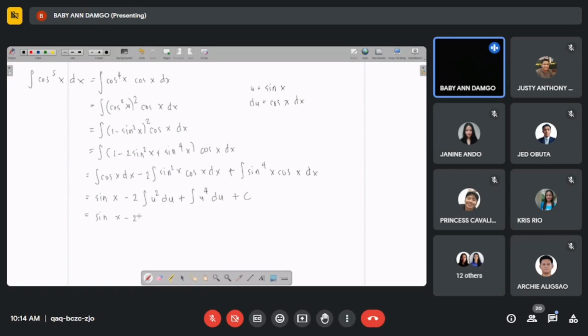So, we have minus 2 times u cubed over 3 plus u to the 5th over 5 plus c. So, this is equal to sine x minus 2/3. And then, substitute the value of our u, which is sine cube x plus 1/5. Substitute the value of our u, so we have sine to the 5th x plus c. And this is the final answer.